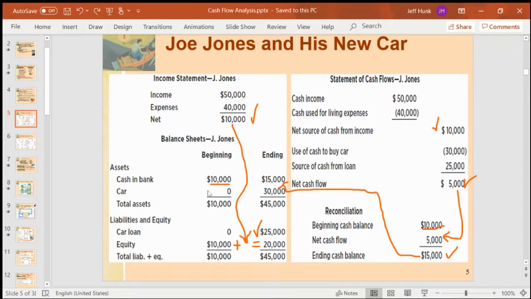If he had a car, the car value would be added, but he doesn't have a car, so zero. His total assets are 10,000. He didn't borrow any money, so he doesn't have any debt, and all this 10,000 is his equity. His total liabilities plus equity at the beginning of the year is 10K.